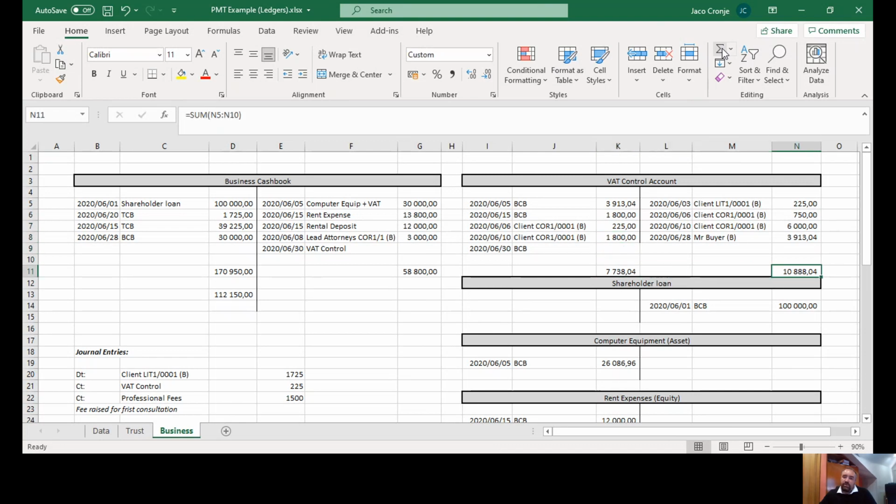So we've got 10,888 there, that amount there as a debit. So our liability towards SARS is 3150. So I'm going to pay that from my business bank account.